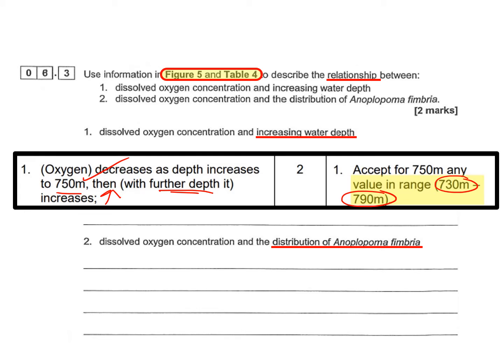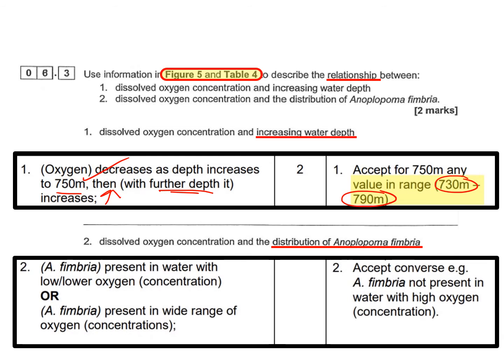Now, number 2, dissolved oxygen concentration and the distribution of A. fimbriae. That was the first species in the table. So A. fimbriae is actually present in quite a wide range of different oxygen concentrations. It's fairly low oxygen concentration, but it goes down to that very low value at 750 meters.